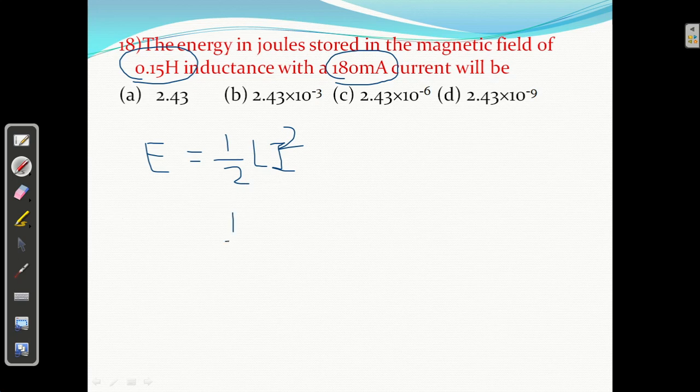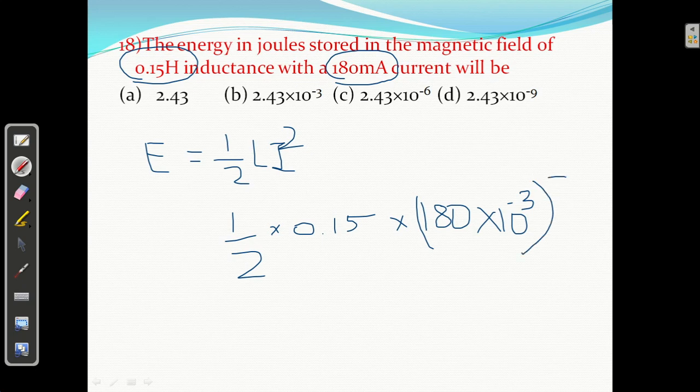1 by 2 L, L is given 0.15 Henry and I is given 180 milli, and milli means 10 raised to power minus 3. Then take the square.